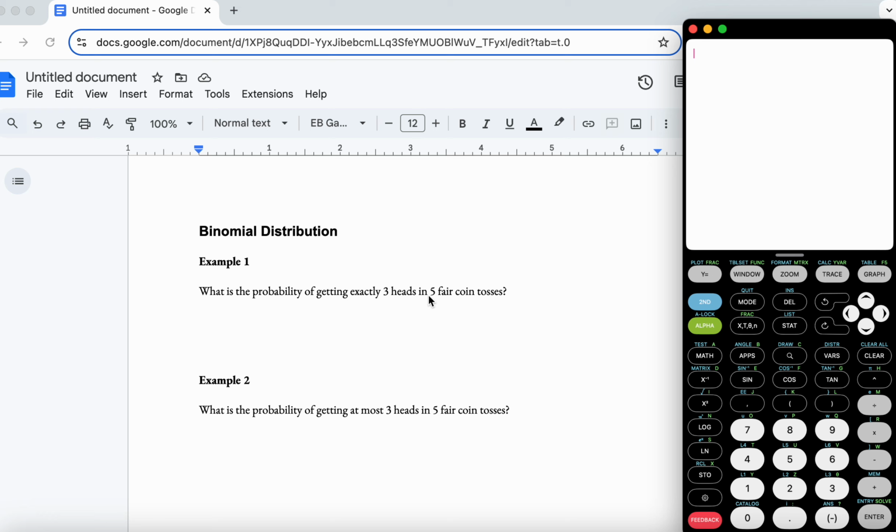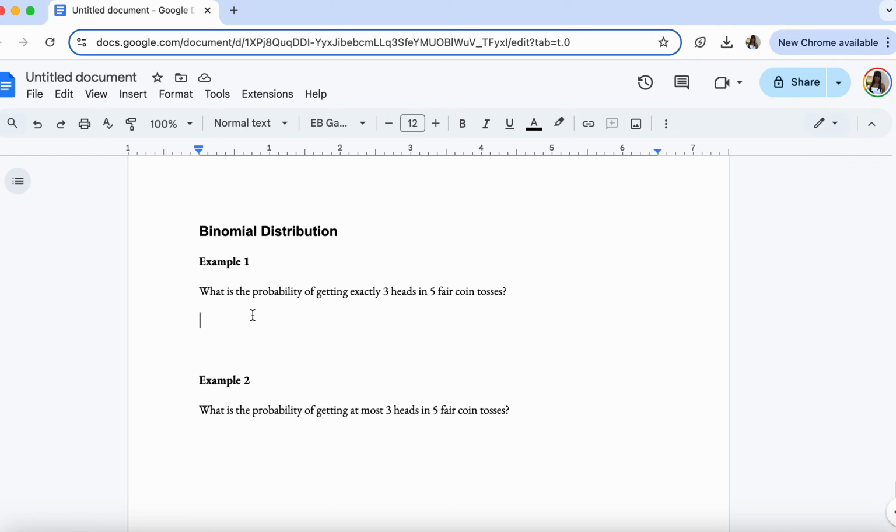All right, so the first question says, what is the probability of getting exactly 3 heads? Heads is our success, and we are tossing the coin 5 times. So there are 5 trials. We need 3 numbers in this question. We need n, which is the number of trials, and that's equal to 5.